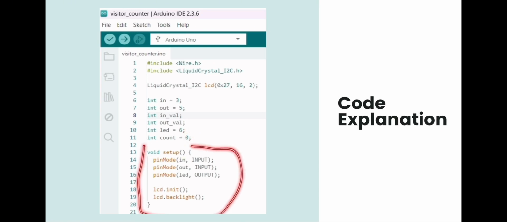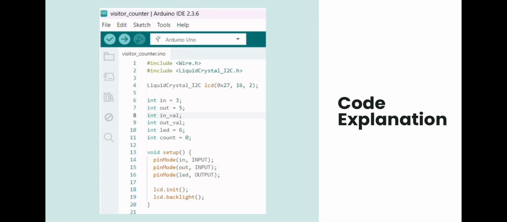Here for the setup, you can see pinMode over here. It is a function used to set a pin to work either as an input or an output. So you can see here pinMode with the variable in. This sets the pin connected to the entrance IR sensor as an input, so it can detect a signal when someone enters.